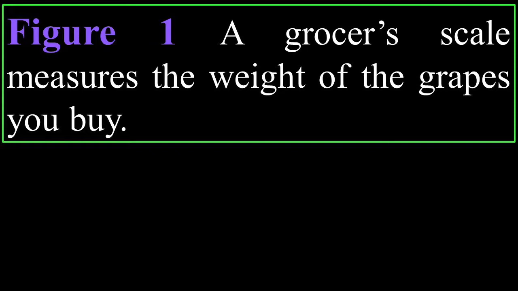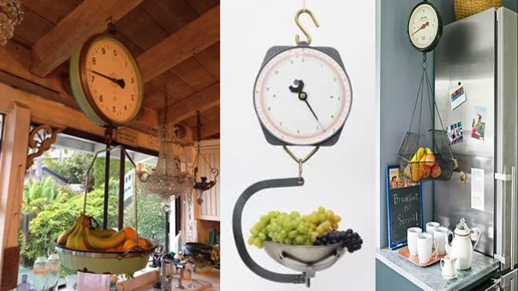A grocer's scale measures the weight of the grapes you buy. 1 mole has 6.02 times 10 to the 23rd particles, always. Here are examples of the grocer's scale.